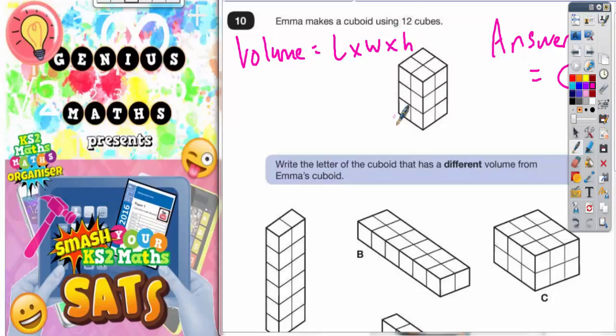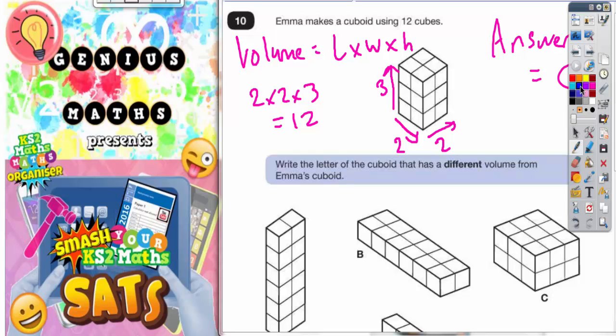So you go that way, and that way, and times all three numbers together. So we've got 2 by 2 by 3, and 2 times 2 times 3, well 2 times 2 is 4, times 3 is 12. That's where 12 comes from.